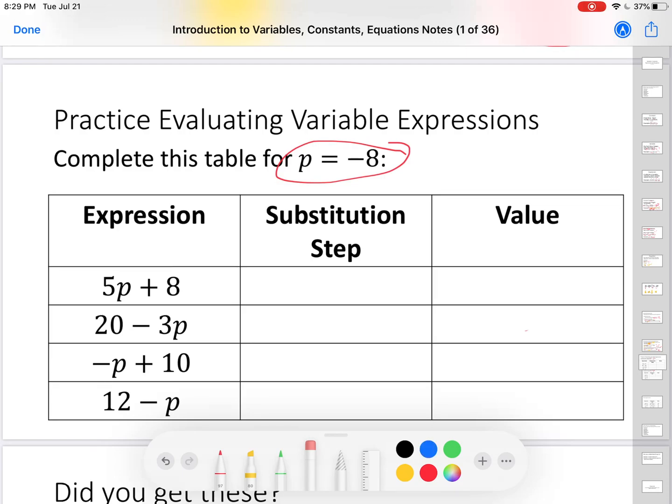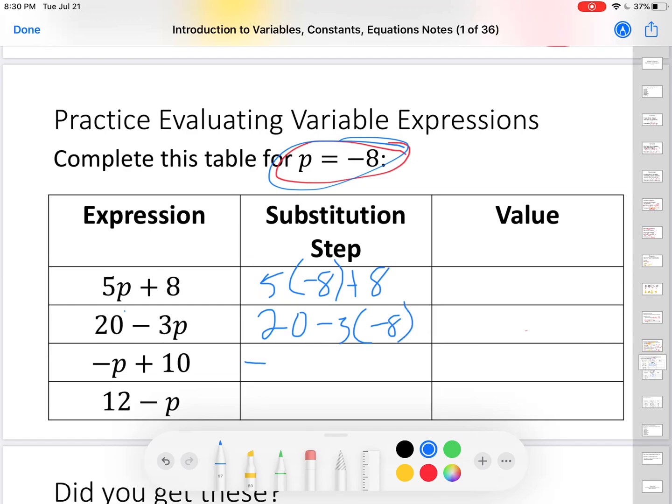Okay, here I am. I'm going to show you how to do it. So, I'm going to change colors. In p is equal to -8, 5p plus 8 means 5 times negative 8 plus 8. 20 minus 3p is 20 minus 3 times negative 8.